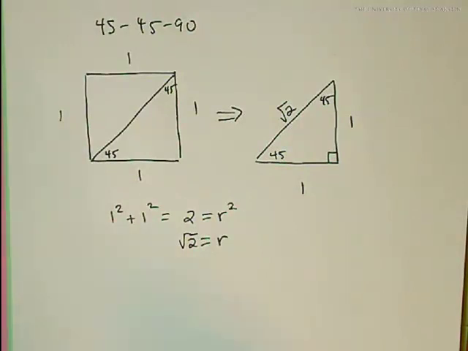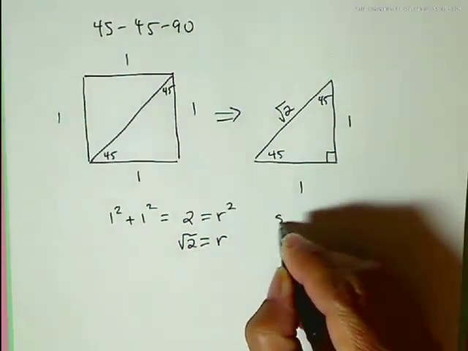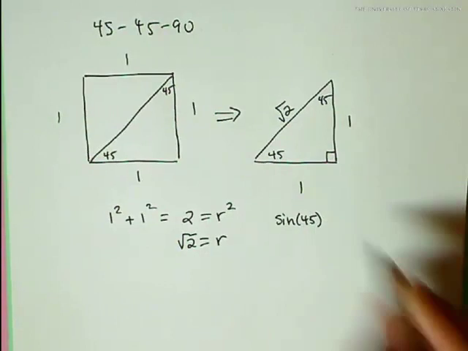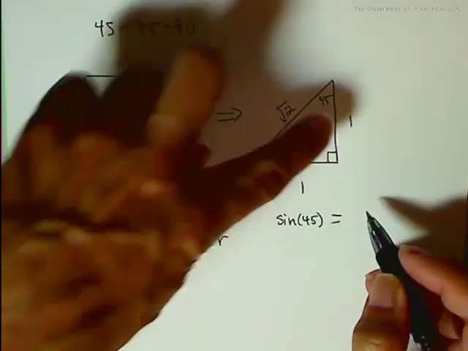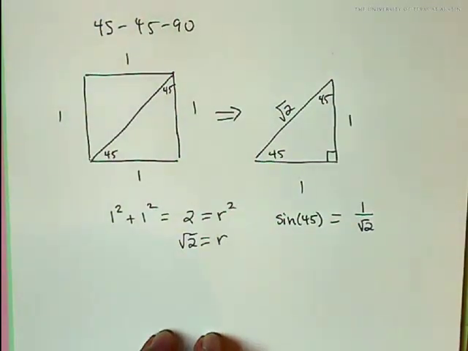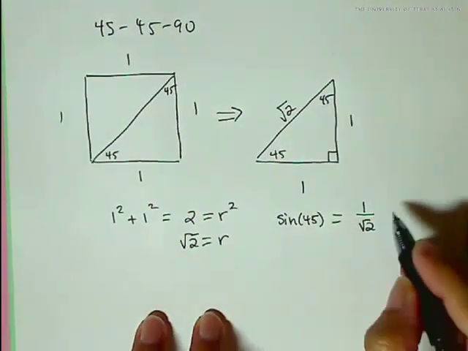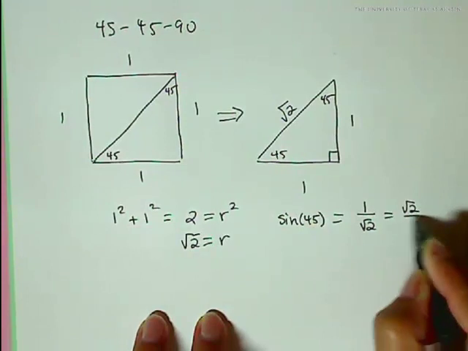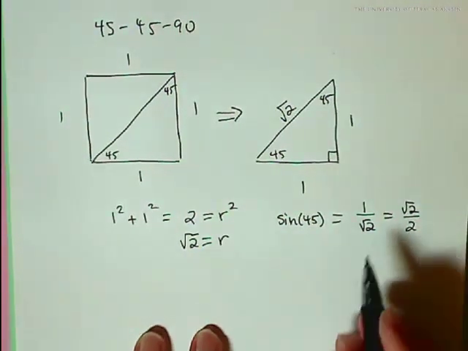All right, so we can now talk about those three ratios. The sine of 45 degrees is equal to the opposite over hypotenuse, or 1 over the square root of 2. Sometimes you will see that rationalized, and it'll look like this, the square root of 2 over 2. Those are one and the same.